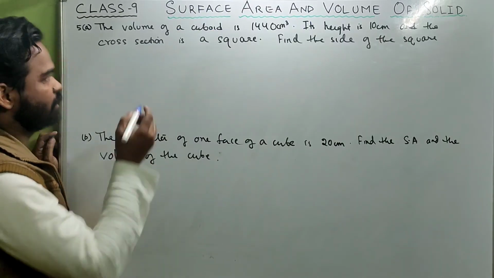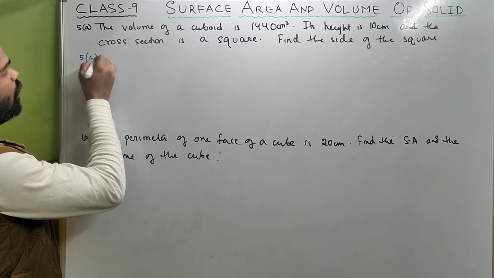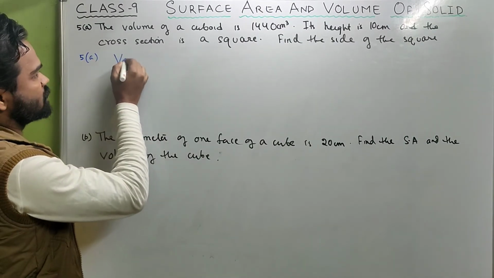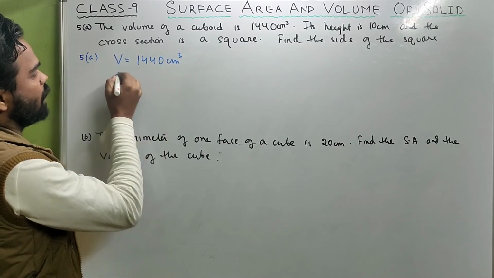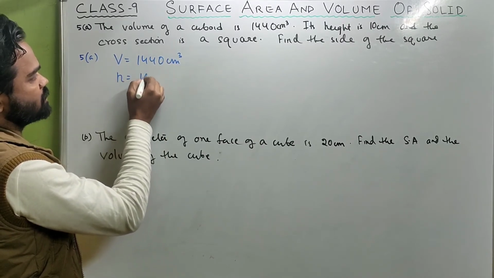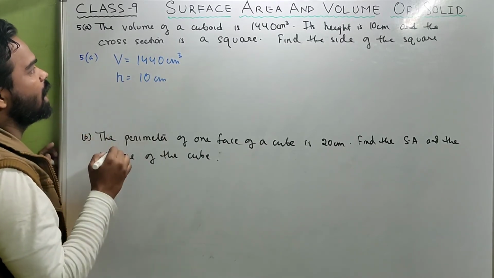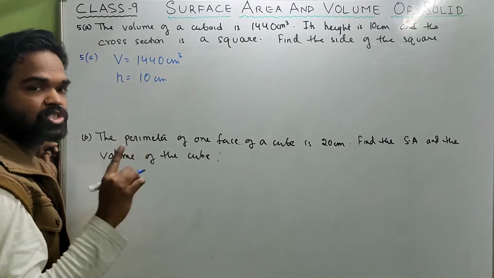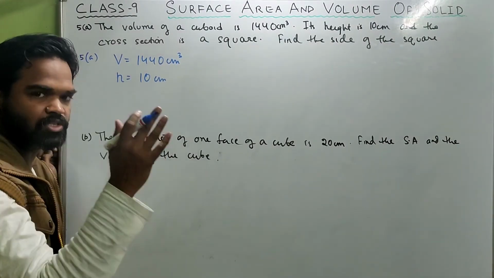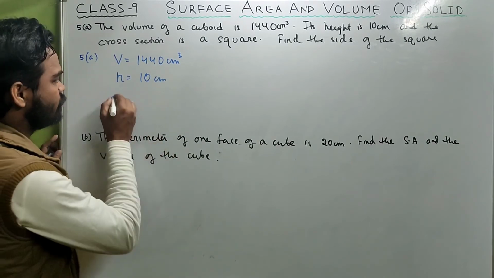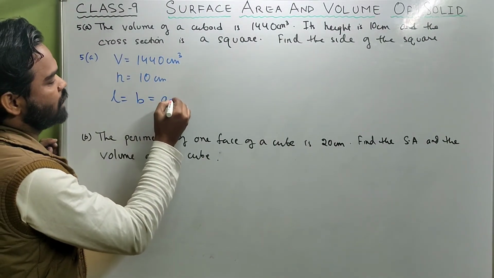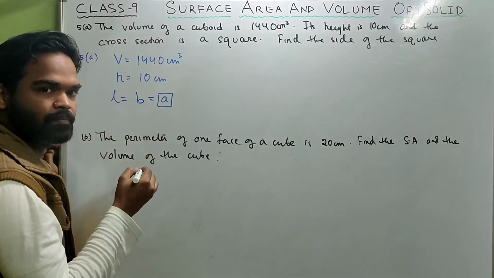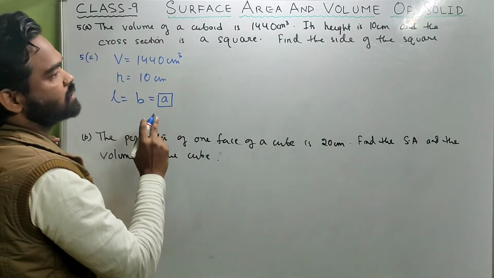Now look at 5 part A. The volume of a cuboid is given as 1440 centimeter cube. The height is given as 10 centimeter. And they have told the cross section is a square. Imagine a cuboid whose base is a square, which means the length and the breadth are the same. Suppose A. Now find the side of the square.